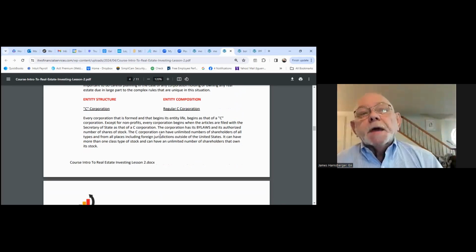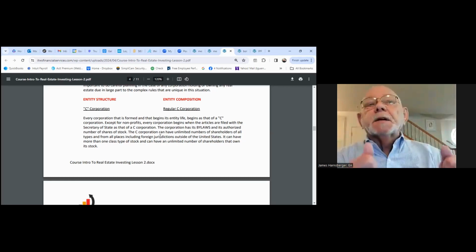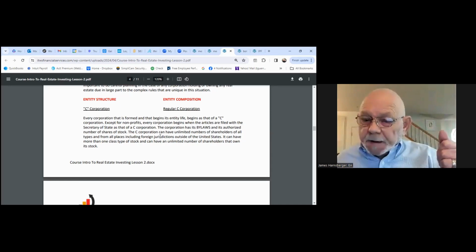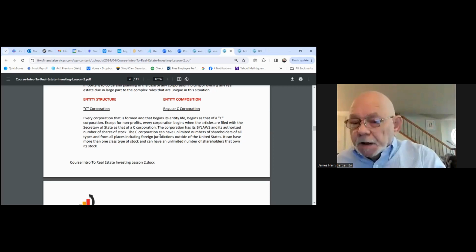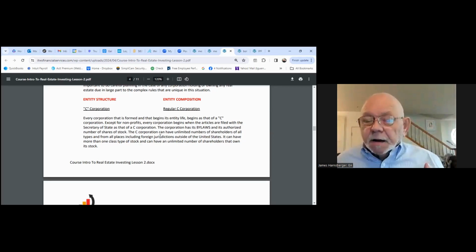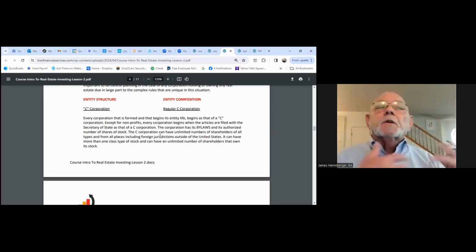You would want to make sure you have unique tax attributes and elections on the stock of the corporation so that it's qualified small business stock. Is it a stock sale? Somebody's going to buy the stock of the corporation and the corporation owns the real estate? Or is it an asset sale where the corporation is going to sell the real estate and keep its own stock? Those are going to decide how much money you're going to be able to keep at the corporate level.